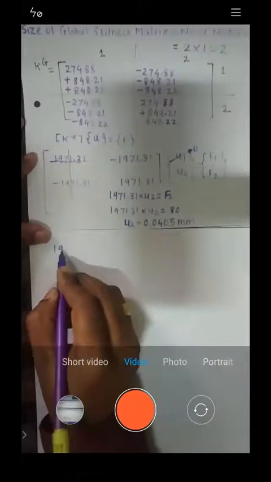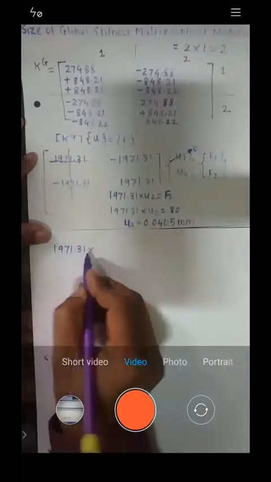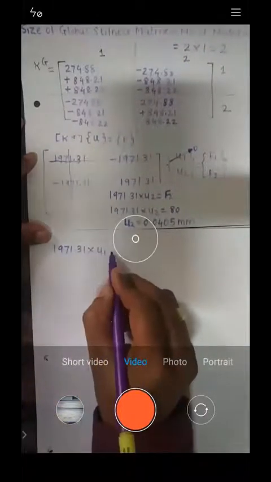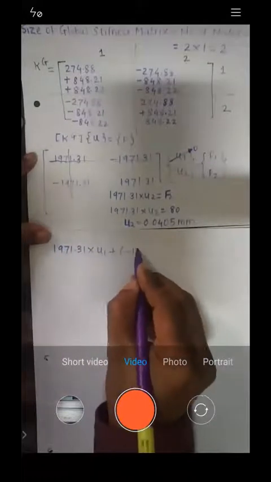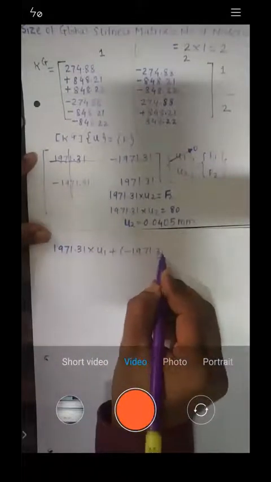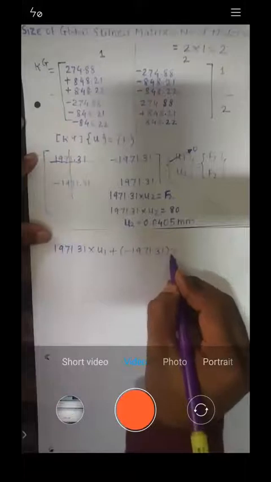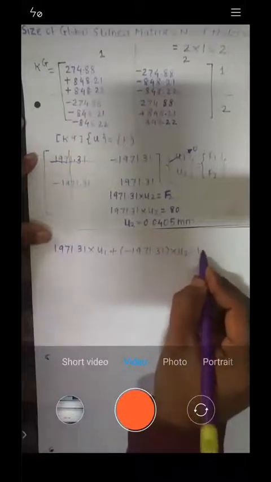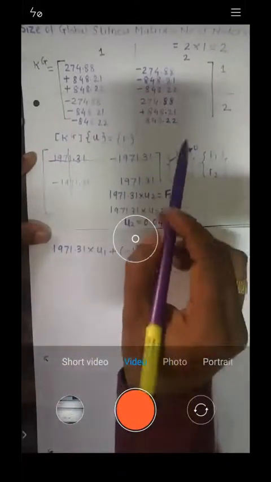How will you calculate F1? It is the first row multiplied by this column is equal to F1, right? So it is 1971.31 multiplied by U1, plus minus 1971.31 into U2 is equal to F1. This row multiplied by the column, element-to-element multiplication, is equal to F1.